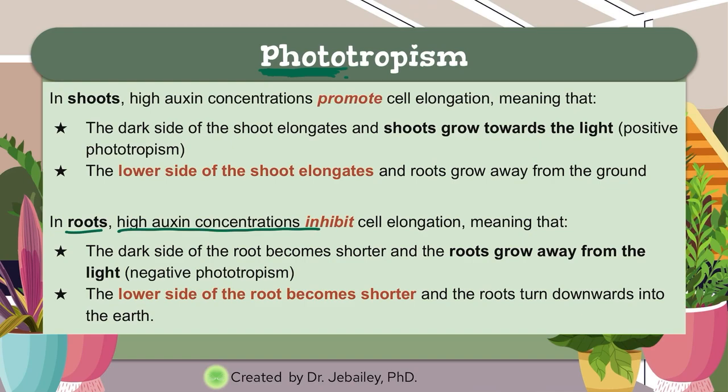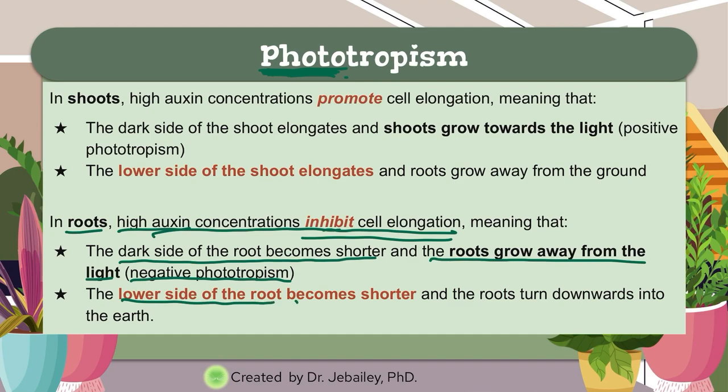High auxin concentration inhibits cell elongation in roots, meaning that the dark side of the root becomes short and the root grows away from the light, which is negative phototropism. The lower side of the root becomes shorter and the roots turn downwards into the earth.